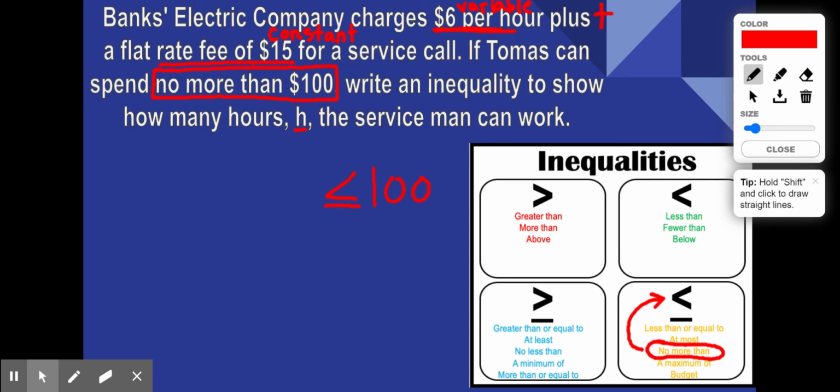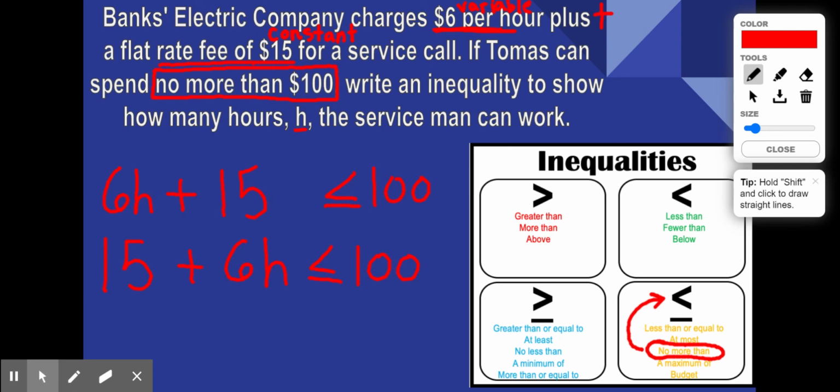So we have our variable 6H because it's $6 per hour plus the flat rate $15 fee must be no more than, so less than or equal to $100. And again, we can flip this around. We could say the $15 fee plus $6 per hour needs to be less than or equal to 100.